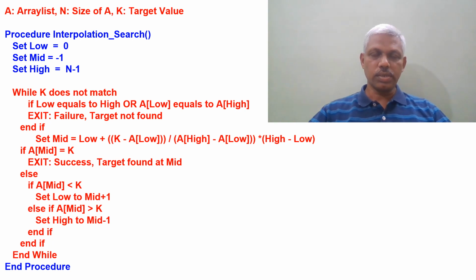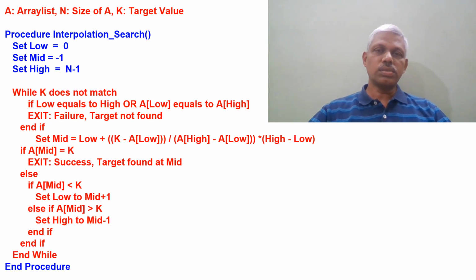Low stays the same as before, but high is adjusted in this case because the key value lies between low and mid, to the left of mid. So we take high as mid minus 1, and the subarray is now either from mid plus 1 to high or low to mid minus 1, depending on the presence of k.